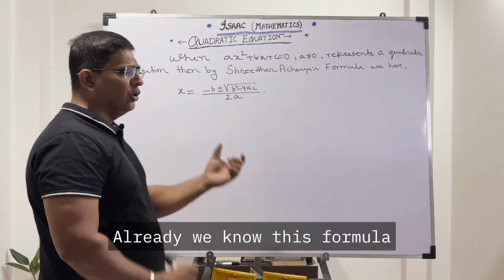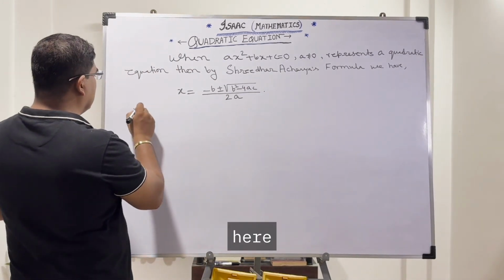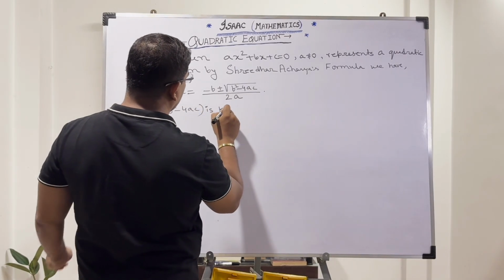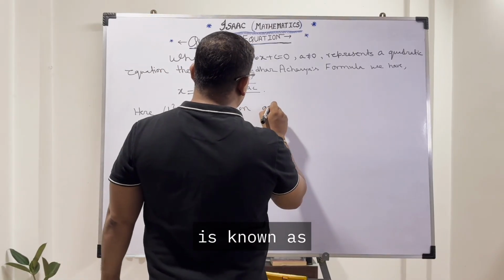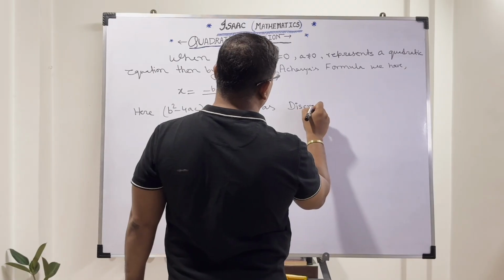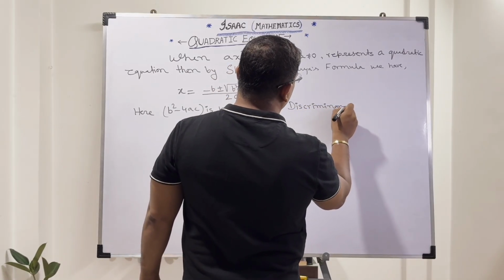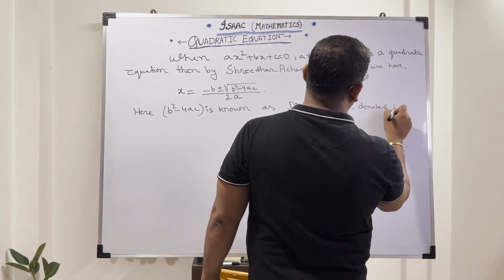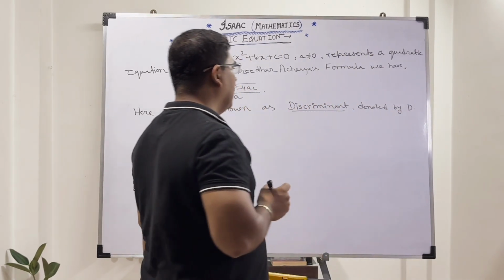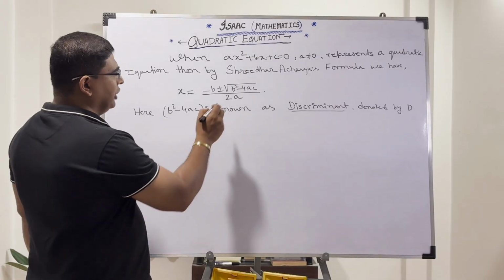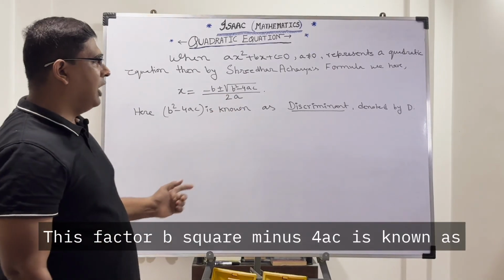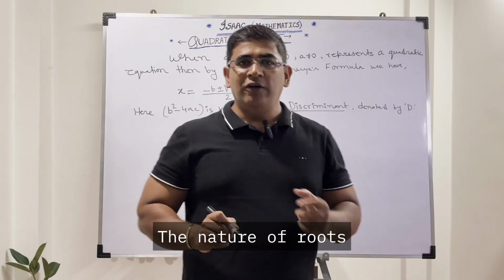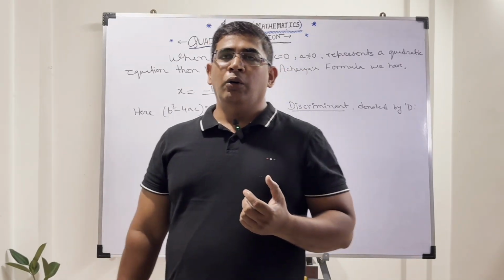Already we know this formula. Here b square minus 4ac is known as the discriminant, denoted by capital D. The nature of roots means what will be the type of the roots.